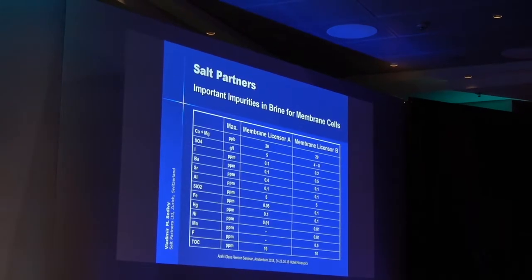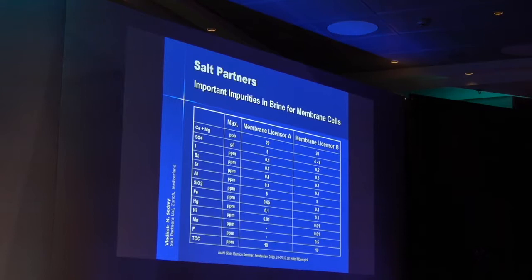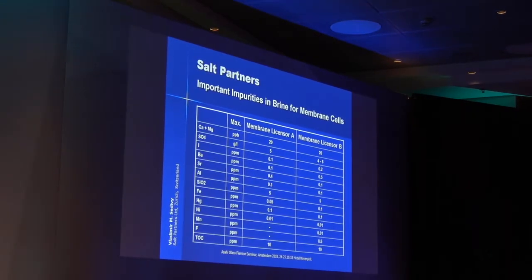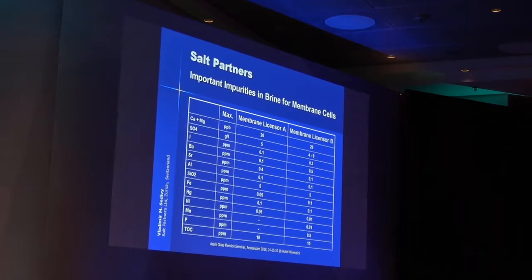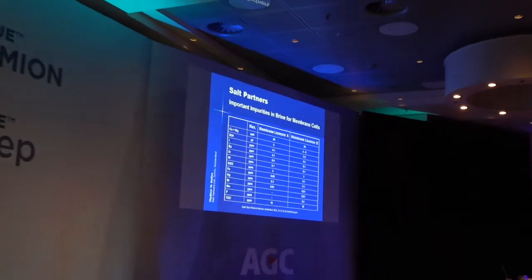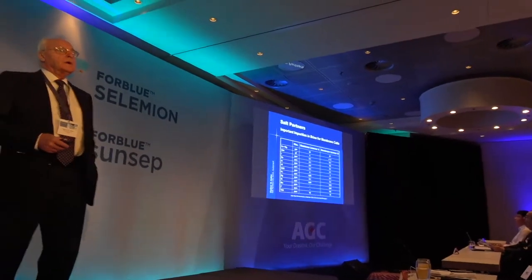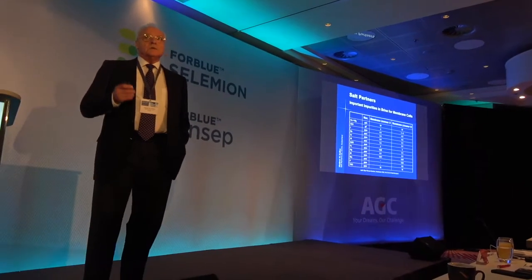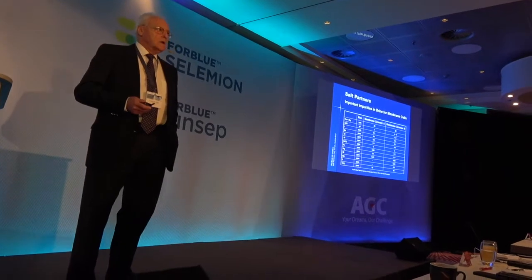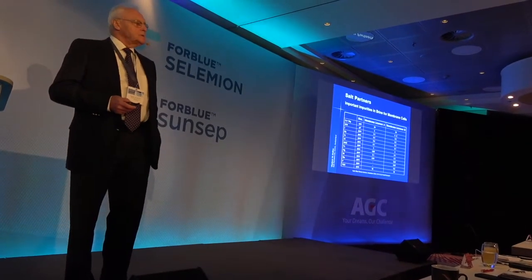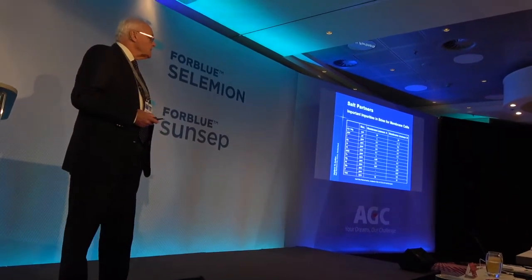Important impurities in brine for membrane cells. We have licensor A and licensor B. You all know who they are. And this is what they specify as the maximum impurity levels in the brine that is actually entering the membrane cells.